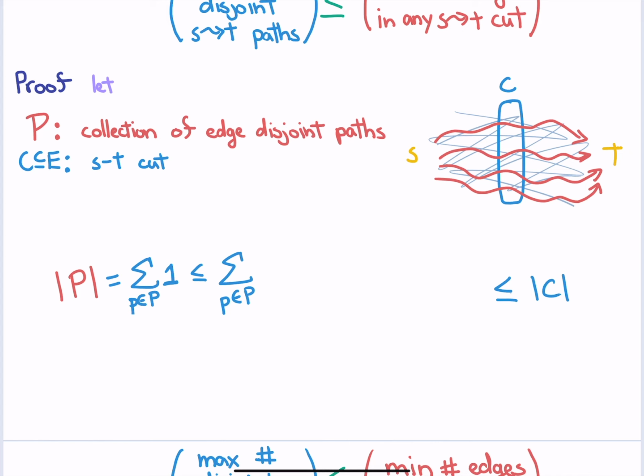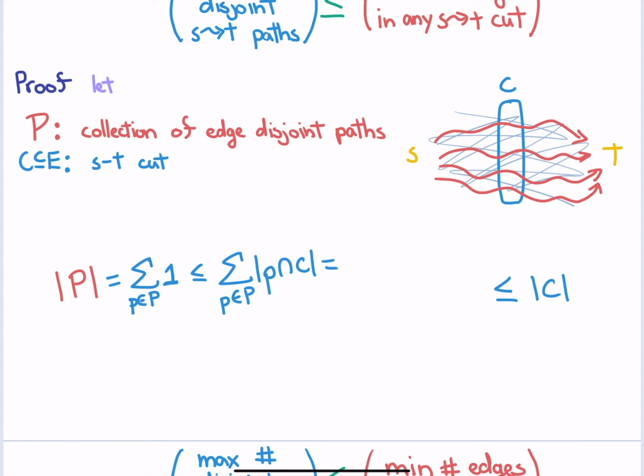The cut will have at least one edge from the path. So if I look at the intersection of the path and the cut for a particular path, that's at least 1. So I've replaced the 1 with P intersection C, because there's always at least one edge.